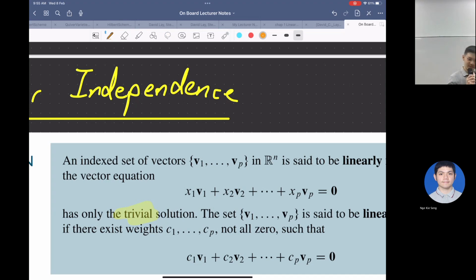Quick, quick. Before we break. Come. So what does linear independence mean? Just look at me.